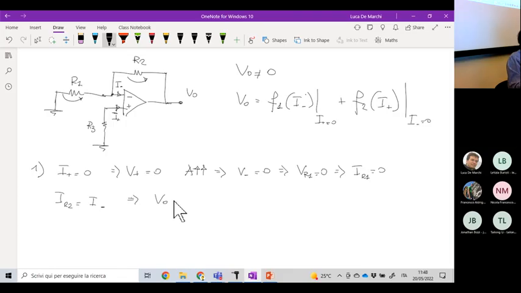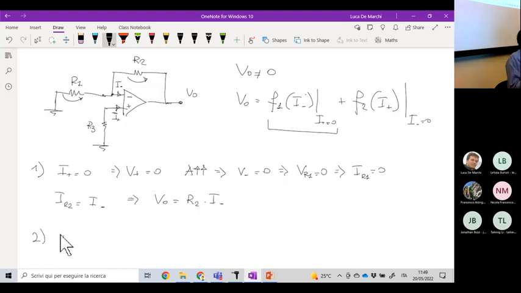So V out is equal to R2 times I minus. This is V out as a function of I minus when I plus is equal to 0. Okay, so it is this function here.